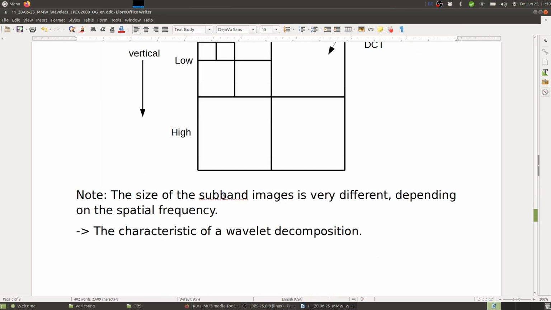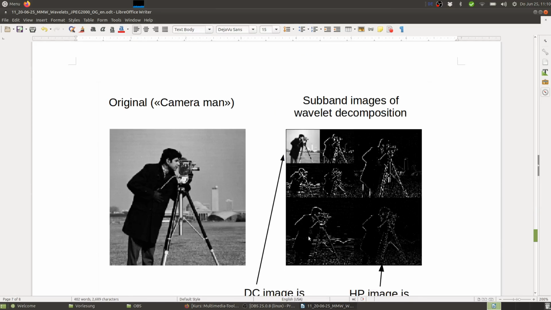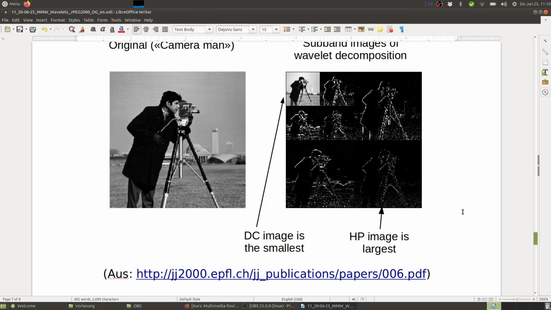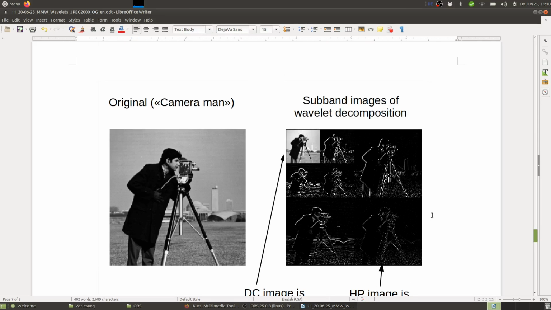Yeah, so the size of the subband images is very different depending on the spatial frequency. And this is the characteristic of a wavelet decomposition. And here you can see an example for a test image. So here's the original.